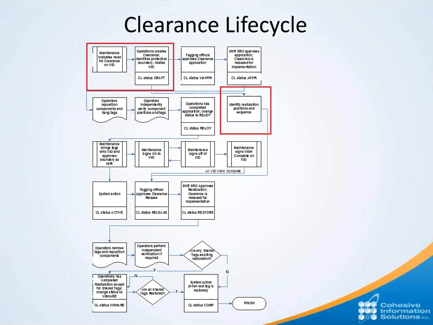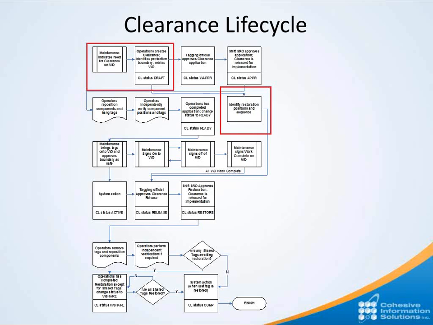The next slide, as I mentioned earlier, we were going to hit some of the highlights and setups, and then take a clearance through its normal life cycle. This diagram is intended to depict the normal life cycle of a standard clearance. Obviously, as with work order tracking or other applications, there are all different perturbations and combinations that you might run into in the field.